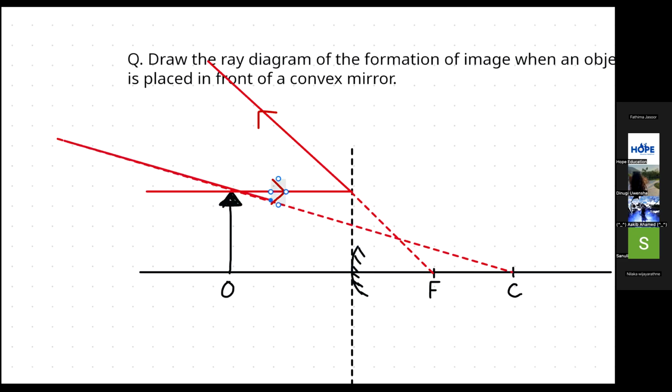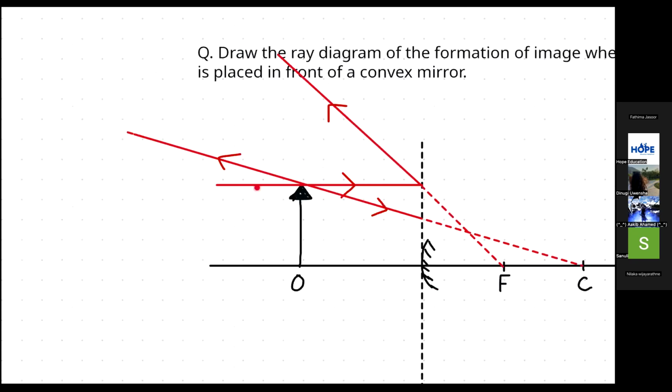It can't reach the center of curvature because it is at the back of the mirror. But a light ray coming as if towards the center of curvature reflects back along the same path in the other direction. See? So the parallel ray reflects as if from the focal point, like this.